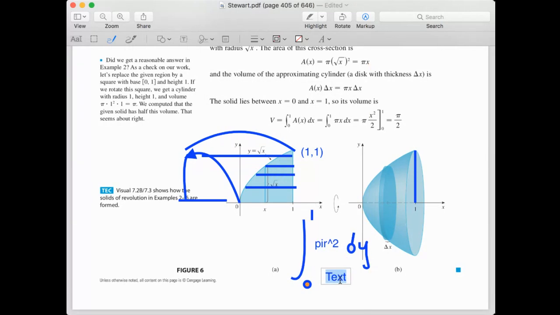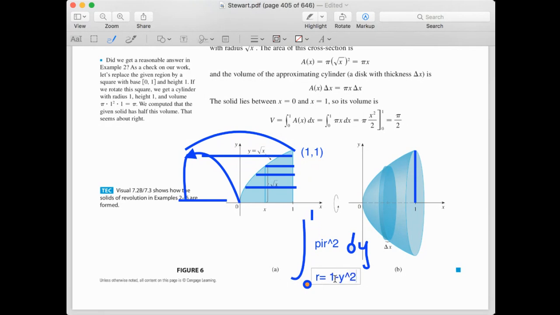So it's all about figuring out the r. So r equals 1 minus, 1 is fixed, right? So everything from this function up to 1. So 1 minus square root of x, well, 1 minus y squared.